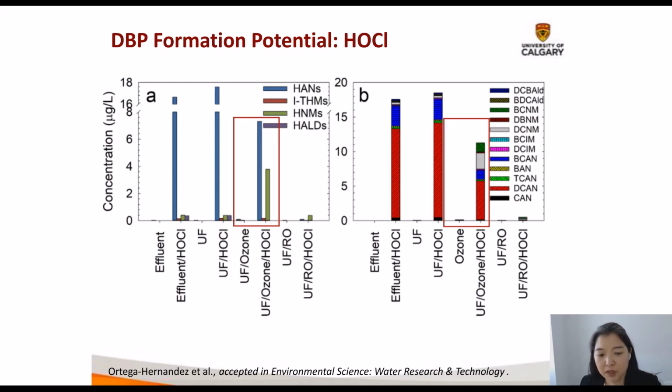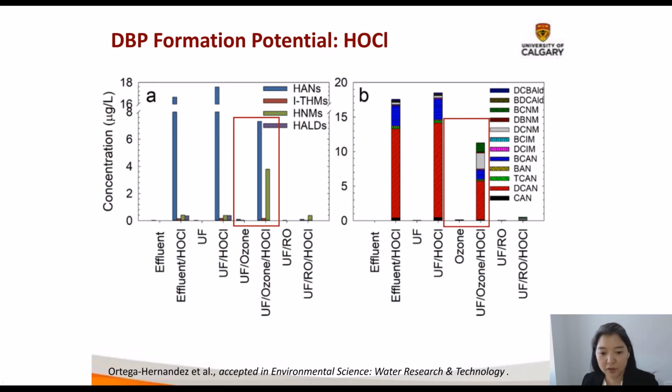After ozonation, we observed that ozonation reduced the halocyanonitriles by 42%, and this has been corroborated by other studies as well, that they observe a lower formation of halocyanonitriles after ozonation, followed by free chlorine.